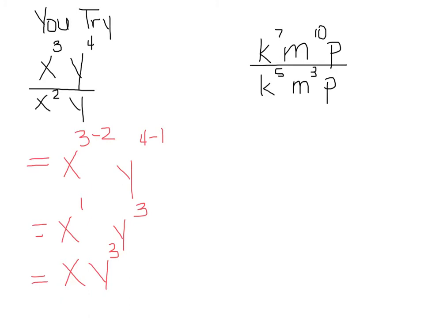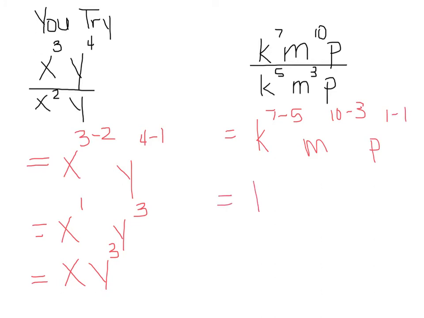Okay, students, the next problem that you had to try without me is k to the 7th power, m to the 10th, p, over k to the 5th power, m to the 3rd, p. Again, we subtract the exponents if we're using the rule, and we get k to the 7 minus 5, m to the 10 minus 3, p to the 1 minus 1.